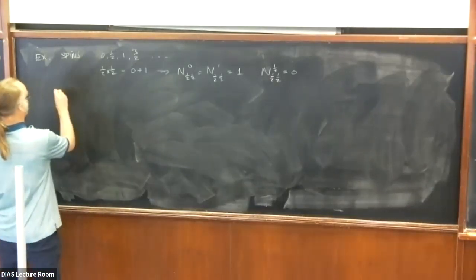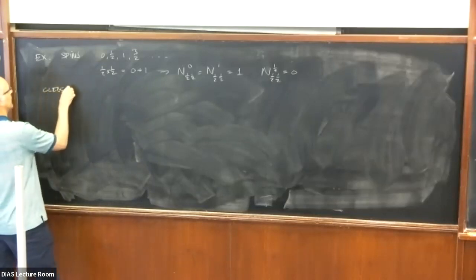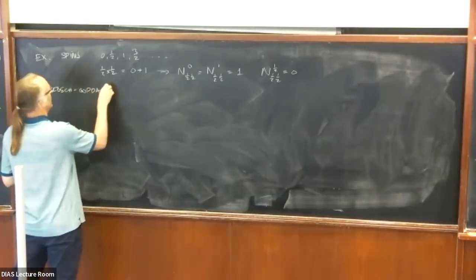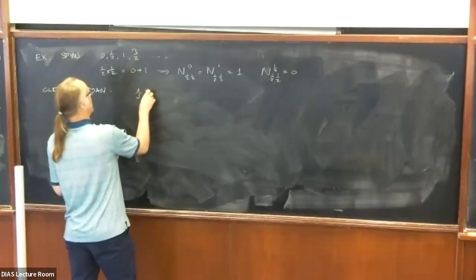Actually, this of course represents the Clebsch-Gordan decomposition. And we do it for general spins, spin J1 and spin J2.